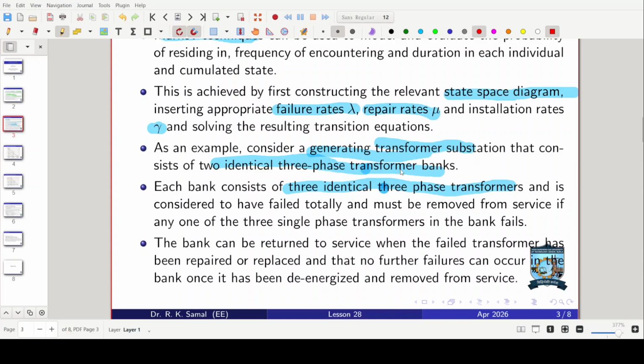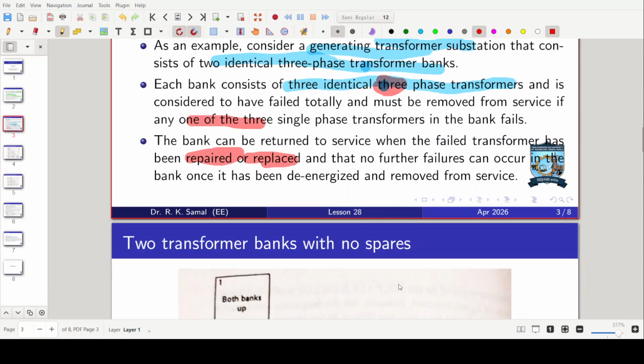I have written it wrongly. The bank is considered to have failed totally and must be removed from service if any one of the three single phase transformers in the bank fails, because that will result in three phase not being available. The bank can be returned to service when the failed transformer has been repaired or replaced. Either repaired or replaced, and no further failures can occur in the bank once it has been de-energized and removed from service. We are considering only one failure, no other failures.